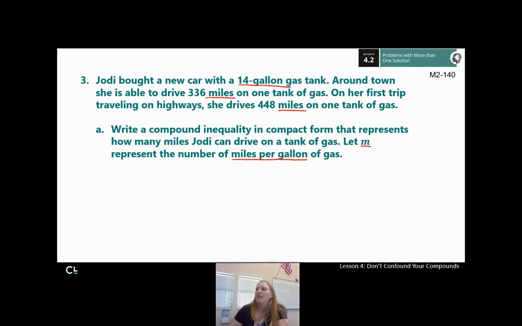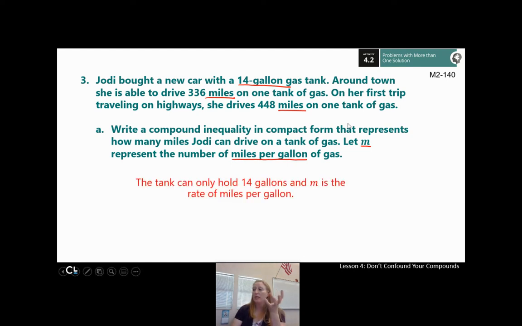So the first thing I noticed again was those units, right? I have 14 gallons, but I need it to be miles. So I realized if I did gallons times miles per gallon, that would actually solve my problem, wouldn't it? So because a tank can hold 14 gallons and M is our miles per gallon, that's our rate, isn't it?